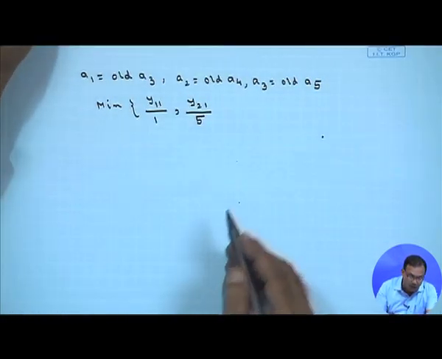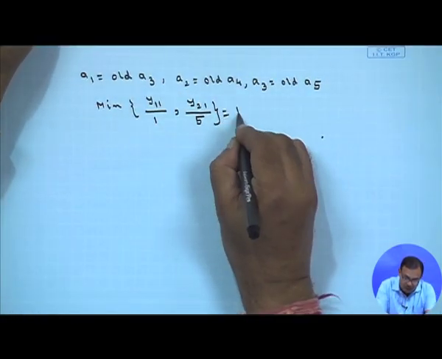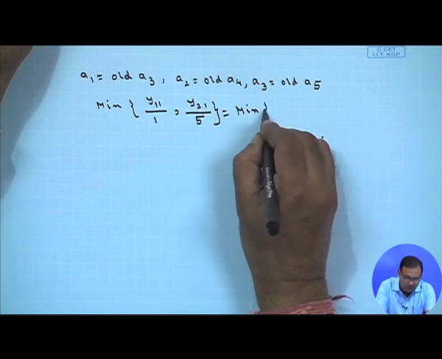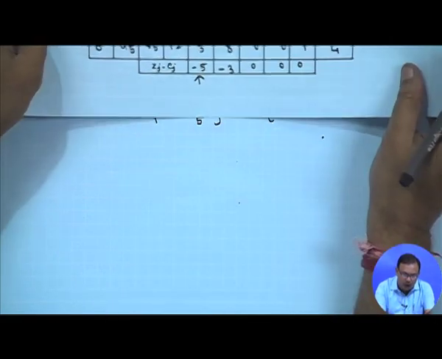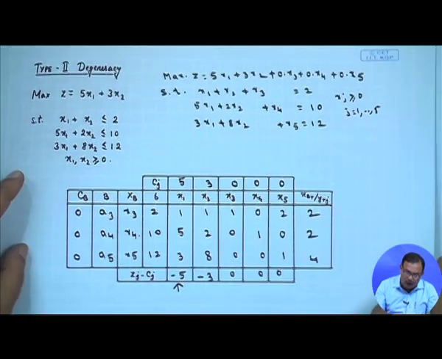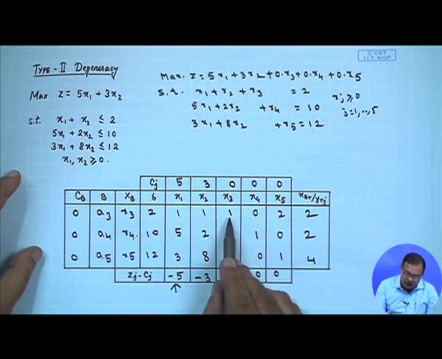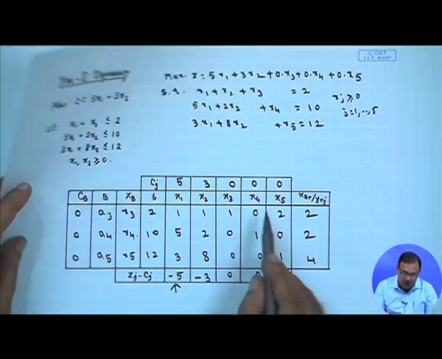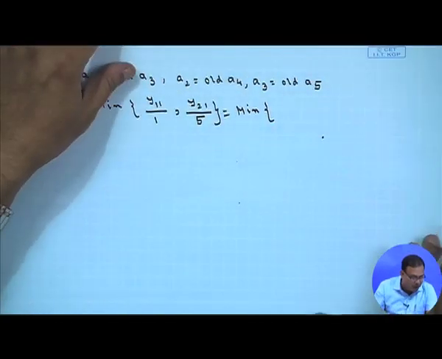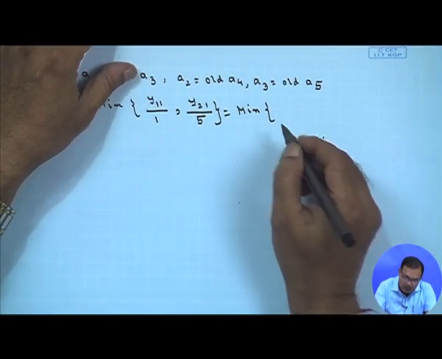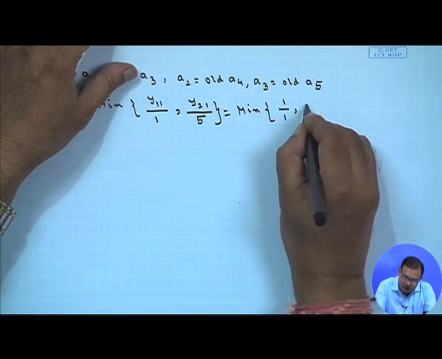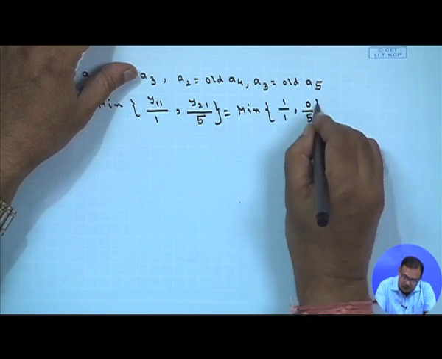Now what is y11? Y11 is your x3, that is this, and y21 is 0. Therefore the minimum will be 1 by 1 comma 0 by 5.